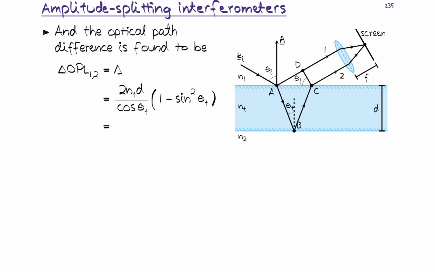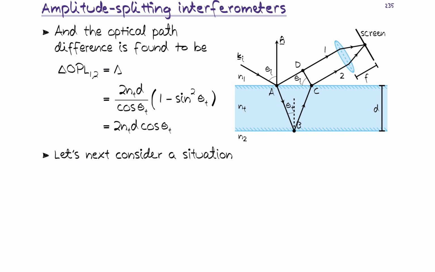And now this can be simplified to just 2 times nt times d times cosine of theta t. Here we can use the trigonometric identity that cosine squared plus sine squared equals 1. This can be formed into cosine squared, and now I'm dividing that with the cosine here, so what's left is just the cosine in the numerator.